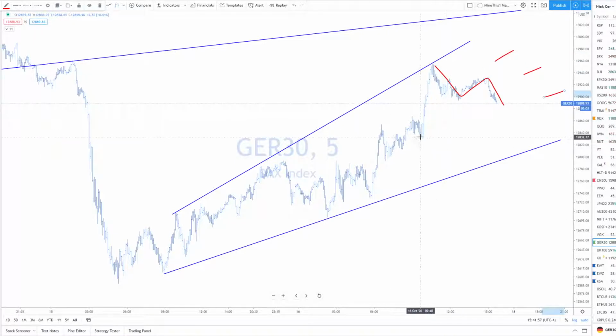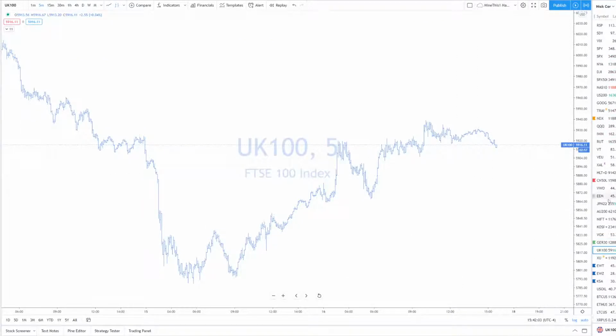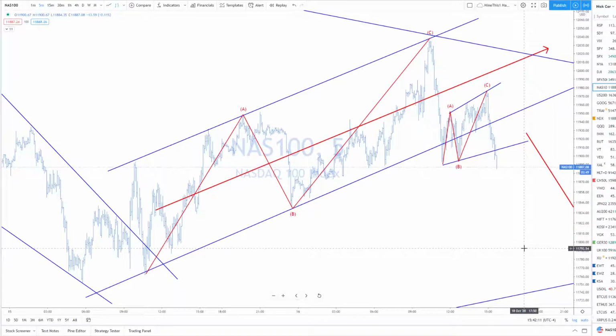Right, there it goes. Doing a little bit of a better job, but you need to see that follow through.